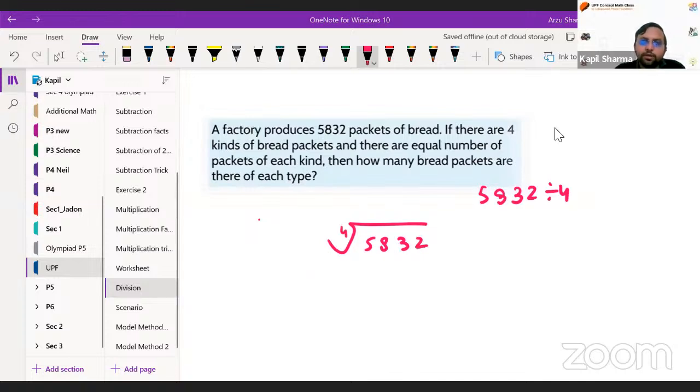Yes. Okay, Parth, Prince. So 4 times 1 is 4, then 18. 4 times 4 is 16.